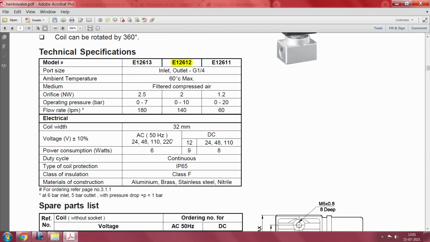Coil width is mentioned, the electrical parts are also mentioned, and it is meant for outdoor applications, that is why it is IP65 protection, and class of insulation is mentioned, and so on.